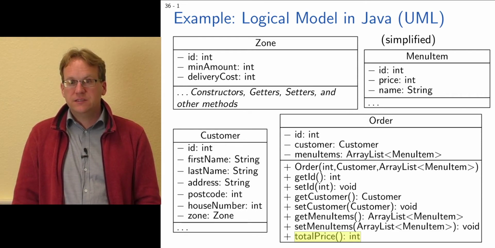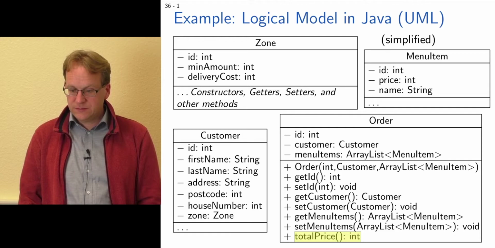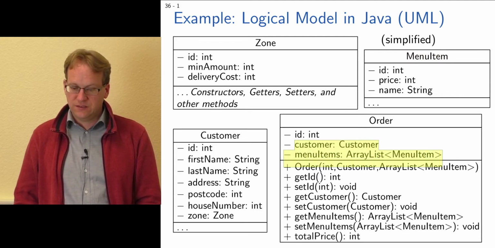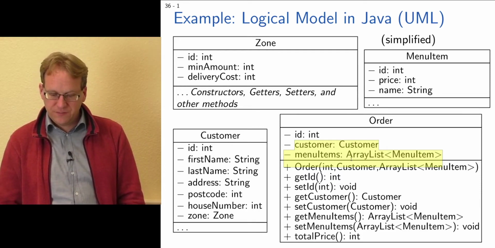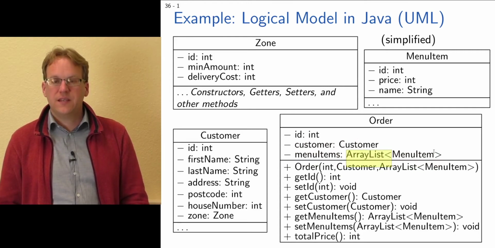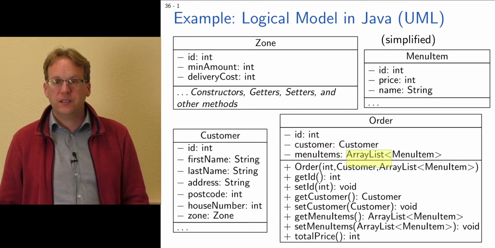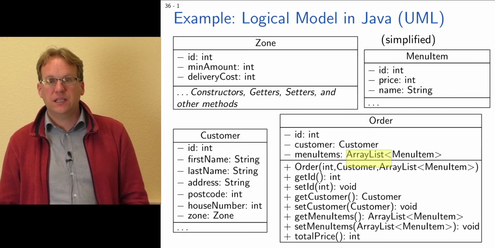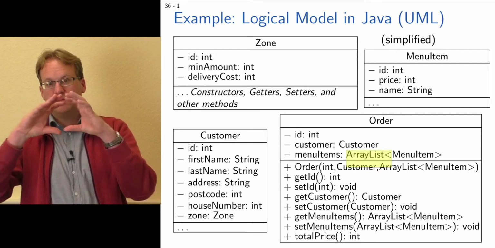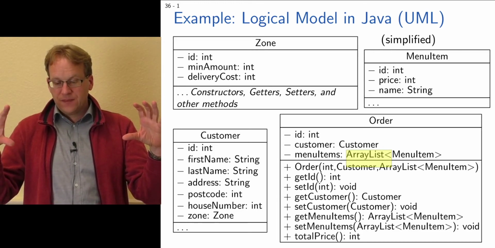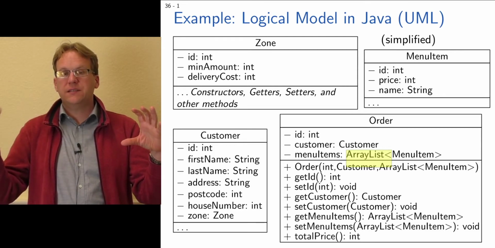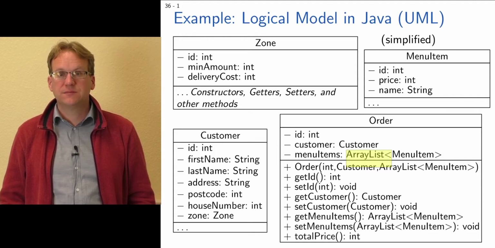Of course, for that it needs to have the knowledge of the menu items which have been ordered. And this knowledge is represented here in this array list. So there we have the menu items associated with that order stored in an array list. That is a data structure available in Java representing a dynamic array. So it's an array keeping an arbitrary number of elements in a given order, and dynamic means we can add new elements to this array list.